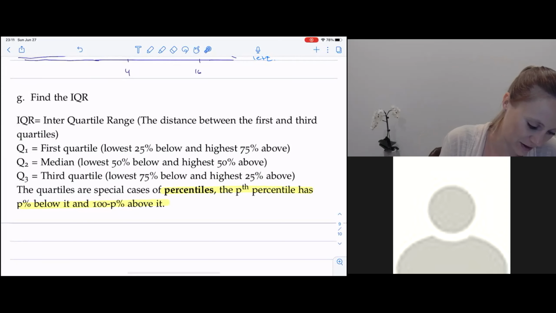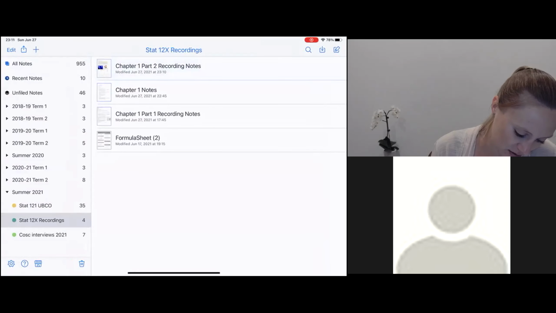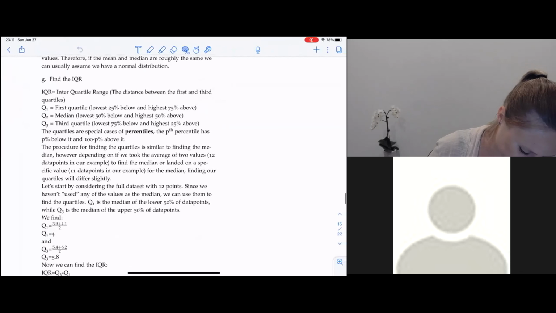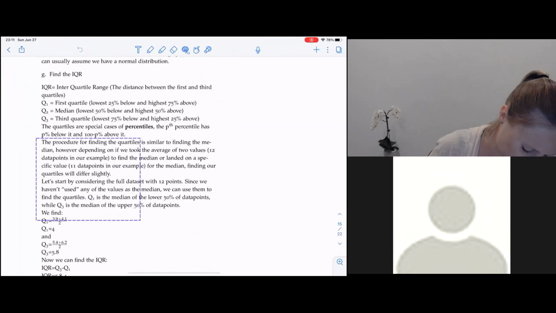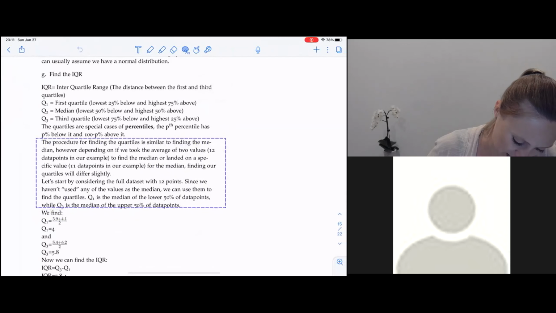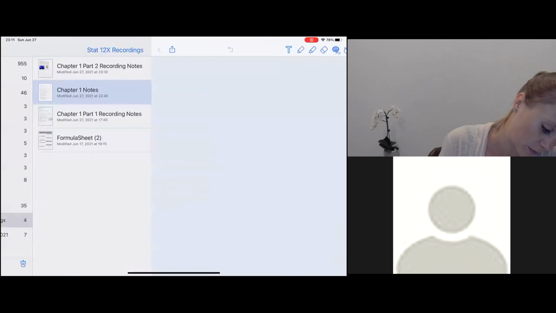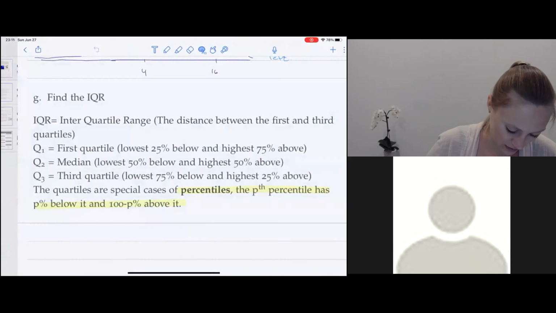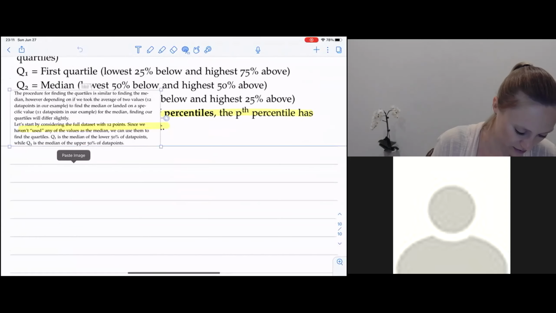So how do we find these values? We're going to use the same method as we did for the median, the boop, boop, boop method.